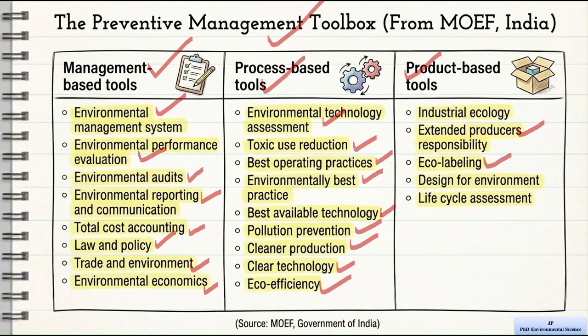Labels that show a product is environmentally friendly. Design for environment. Designing products to reduce environmental harm. Life cycle assessment, studying impacts from production to disposal. So these tools answer the question, how can we make products more environmentally friendly?